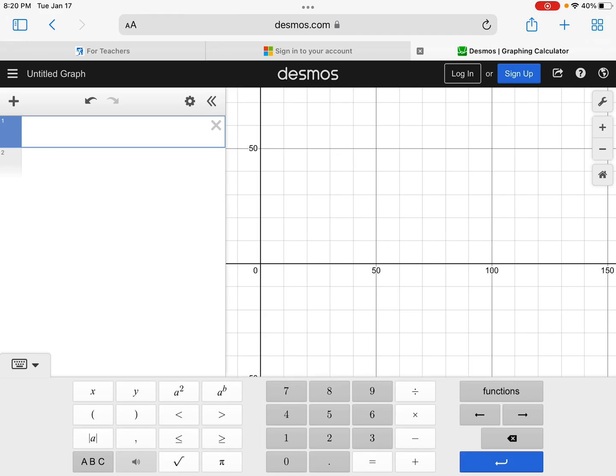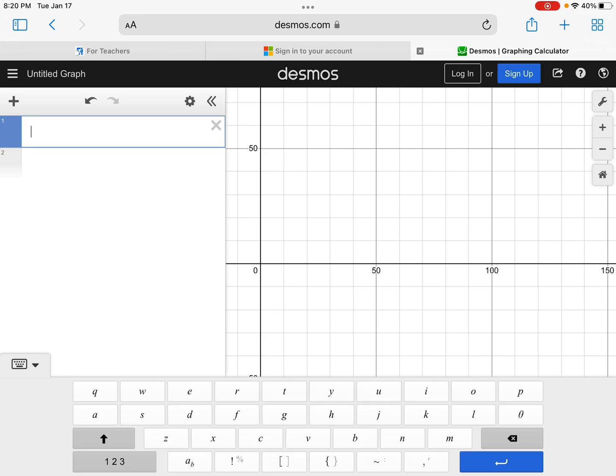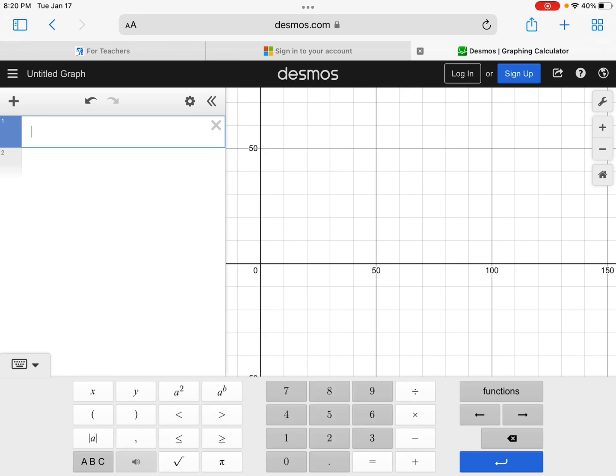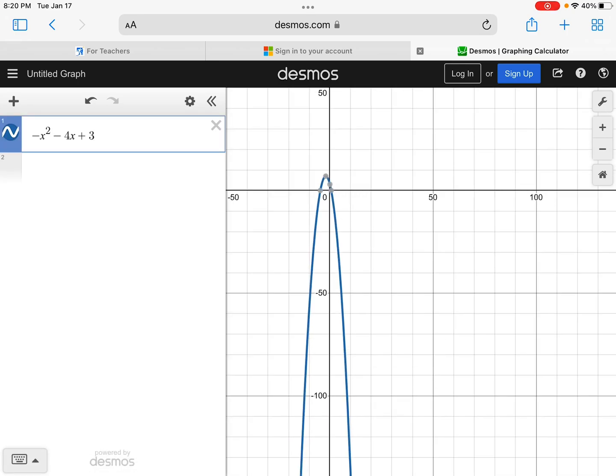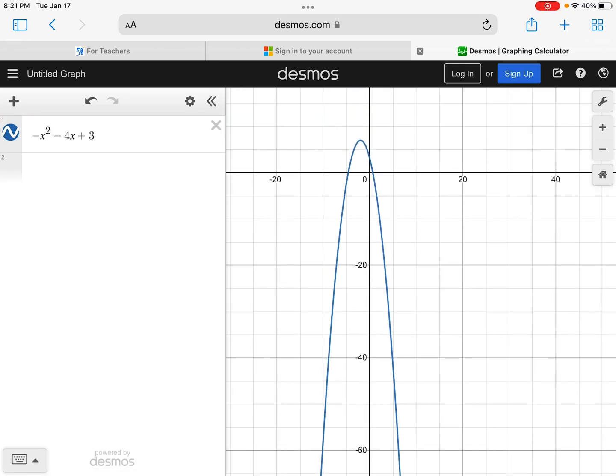If I can find negative on this thing. I don't think that works. Oh, maybe it does. All right, let's see. I don't use this very often, so bear with me here. All right, this looks about right. So it's opening downward. Let's get a table in here.